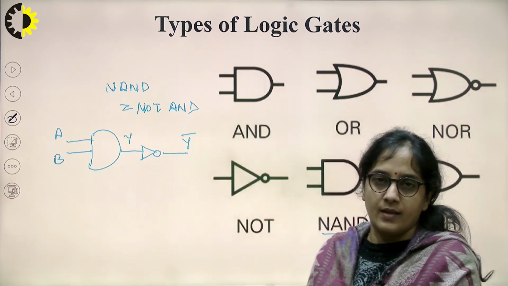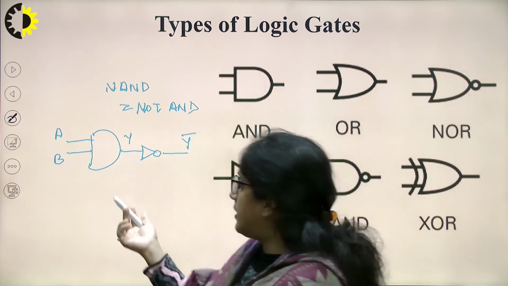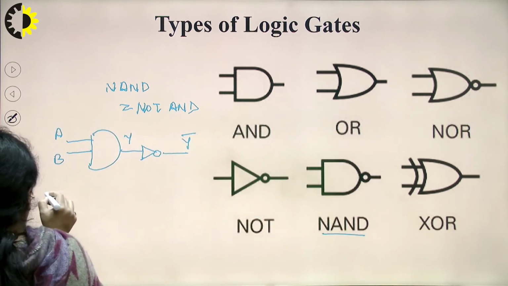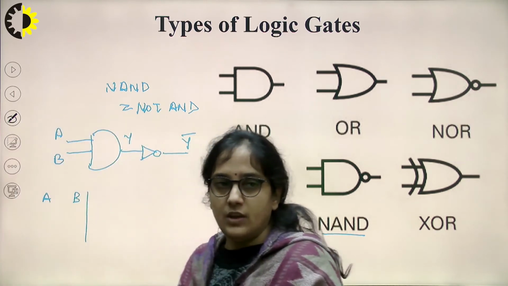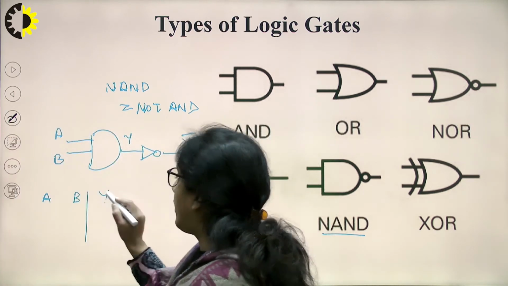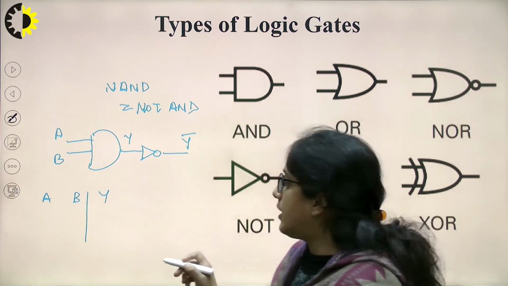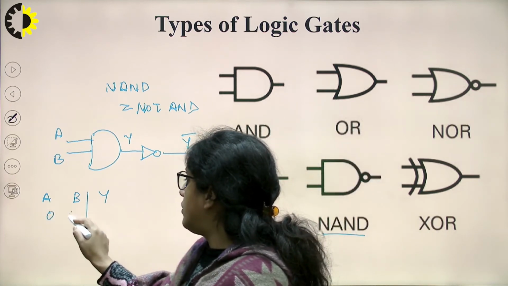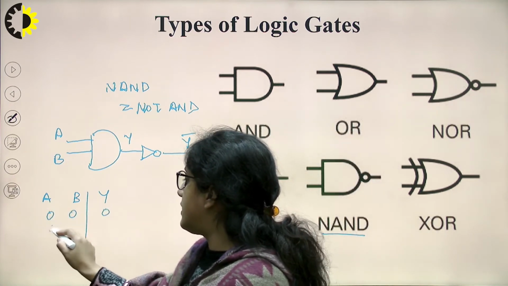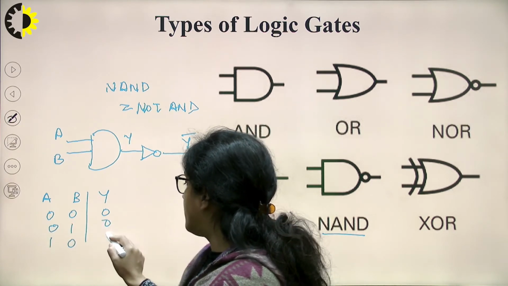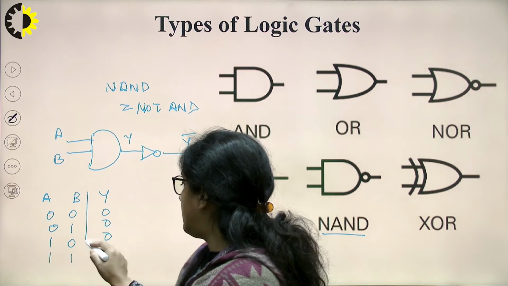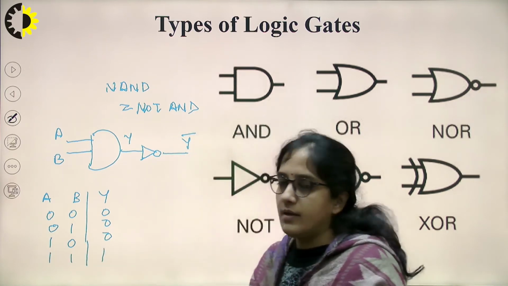Okay. So, as I told you, the truth table for this AND gate: A and B are the inputs, and Y is the output. So 0 0, the output is 0; 0 1, output is 0; 1 0, output is 0; 1 1, output is 1.